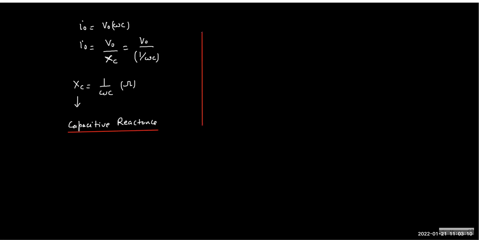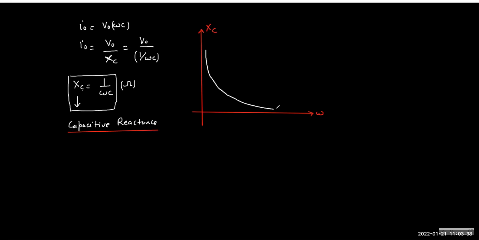And if you plot the graph between reactance versus frequency, that's something very interesting. If you look at the relation, it is inversely proportional, so it's a hyperbolic graph. It means as the frequency increases, the opposition will decrease.